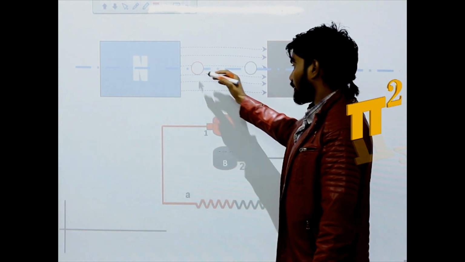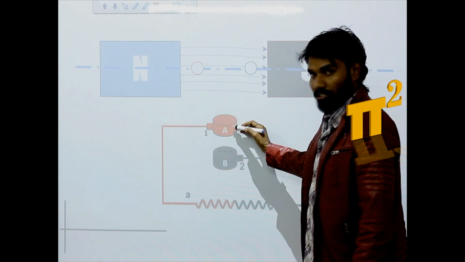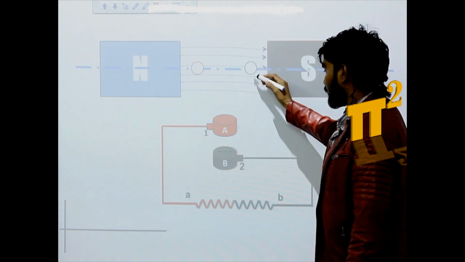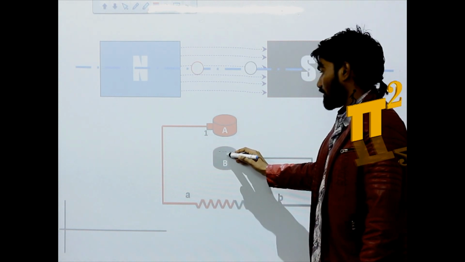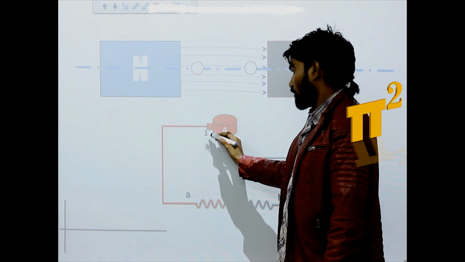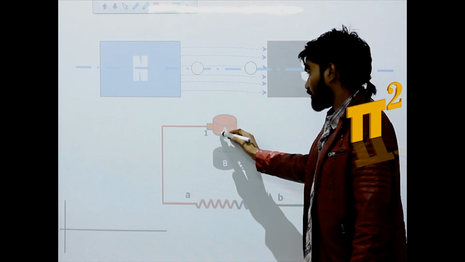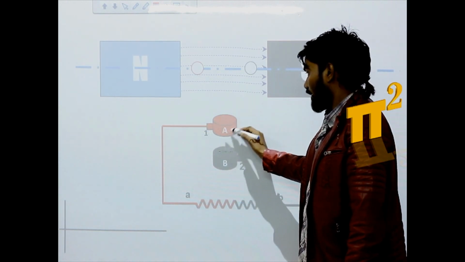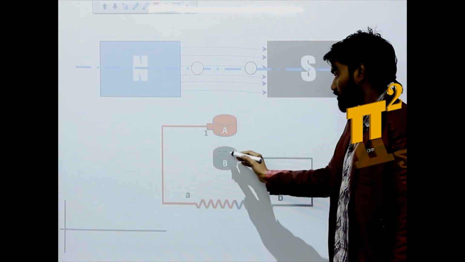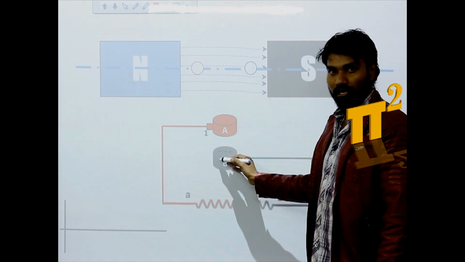This red conductor is always in connection with this slip ring. This black conductor is always in connection with this slip ring. And this brush 1 is always in connection with slip ring A. Brush 2 is always in connection with slip ring B.